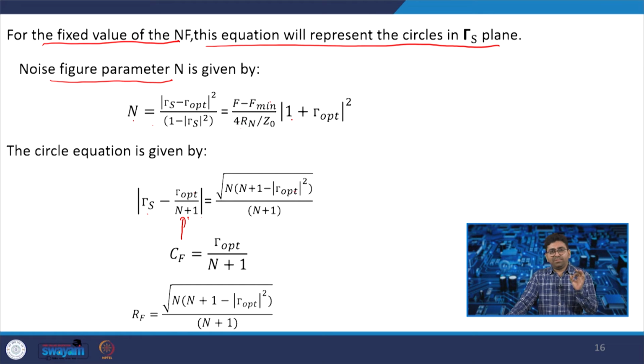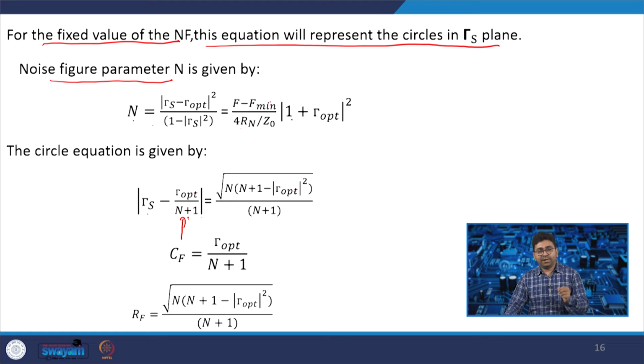It is the optimum reflection coefficient that is provided by the manufacturer or the foundry. Your transistor should have a gamma opt at which it will provide the minimum noise figure.